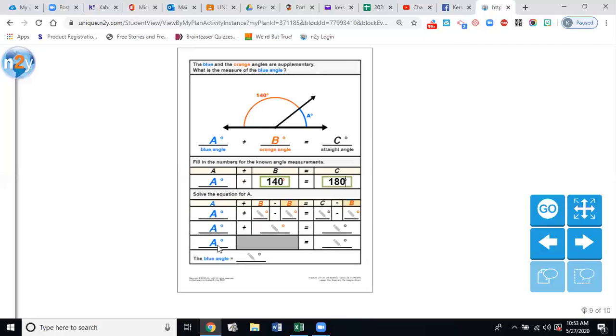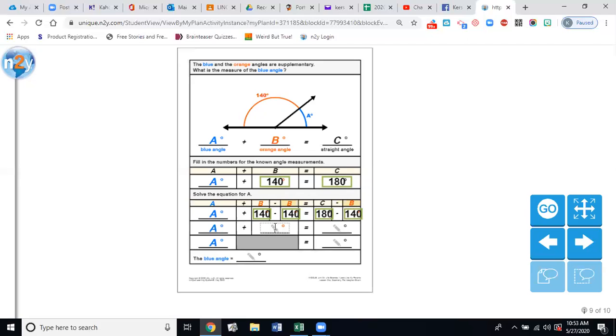Okay, we still don't know A, so it's going to be A all the way down until we find our answer. So B, we know, is 140 minus 140. C, we know, is 180 minus B, which is 140. Okay.